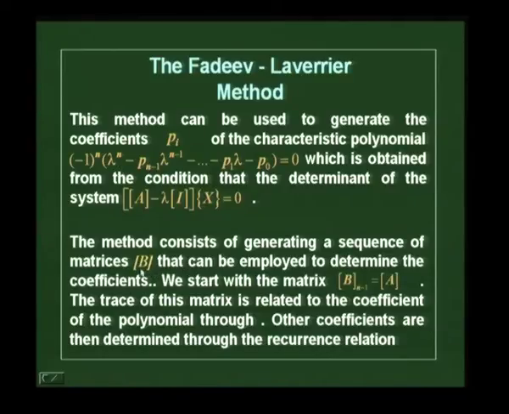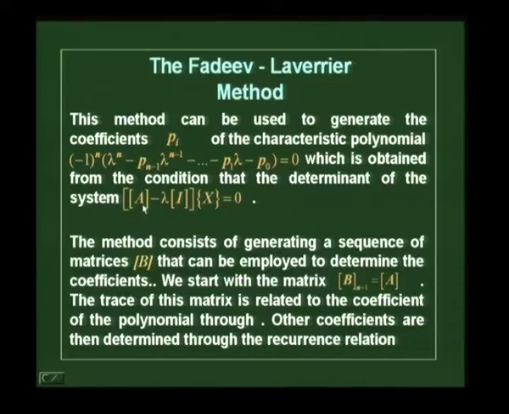So we are going to have many matrices, and the trace of each matrix would be the coefficient of a particular order. For example, the coefficient of the second term in this polynomial, that is the coefficient of the lambda to the power n minus 1 term, P n minus 1, is simply the trace of this matrix A.